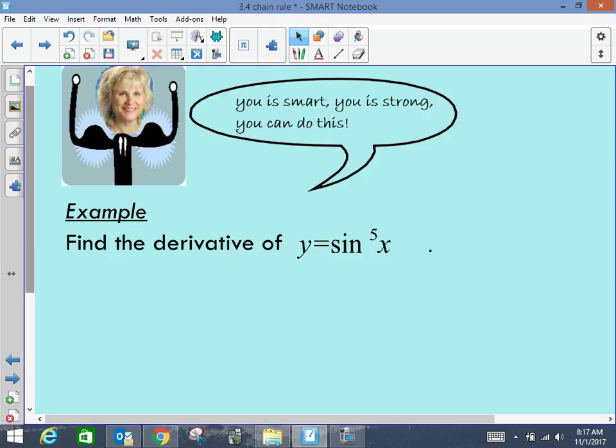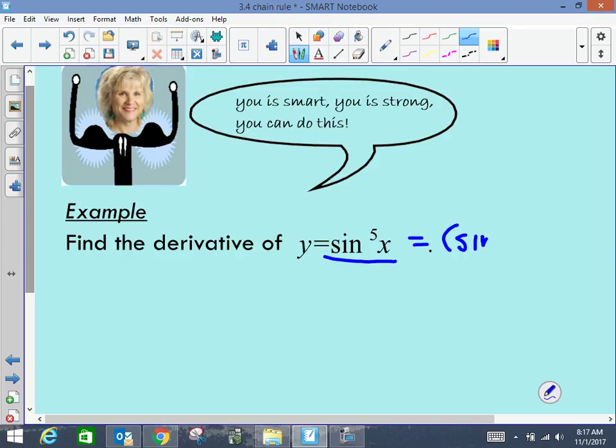Please keep in mind, this is how we write sine x to the 5th. That is not rocket science. That is just how it's written, so you have to understand that is not anything special.